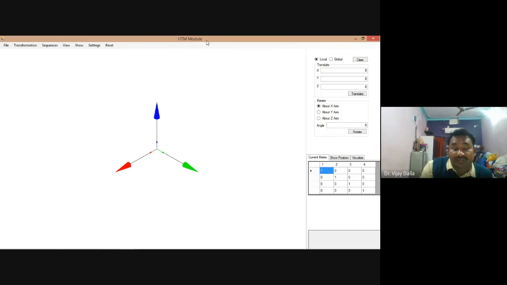If you see, there are two coordinate systems and both are coinciding with each other. On the right side, there are two terms, local and global.